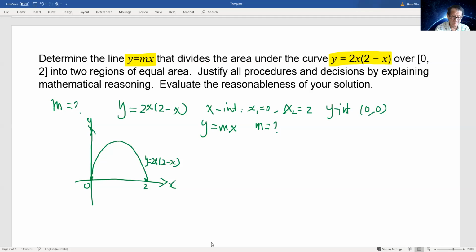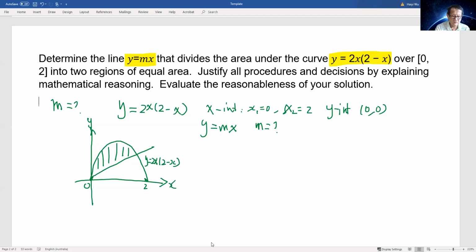However, we know this straight line would divide the whole area into two equal parts. That means this part will be half of the total area.